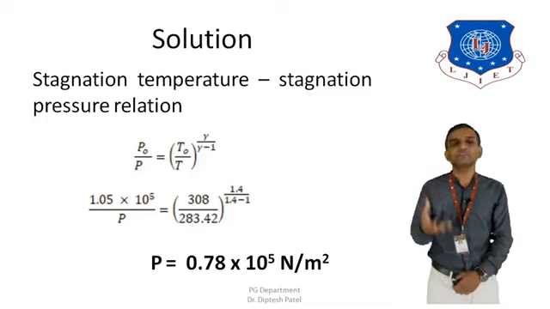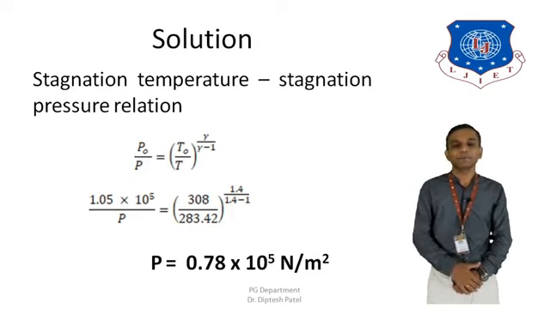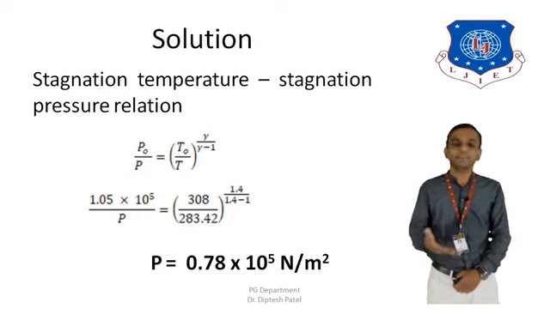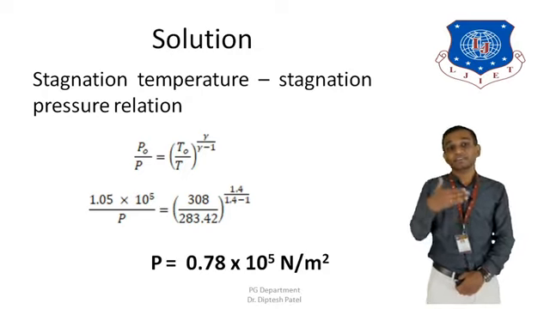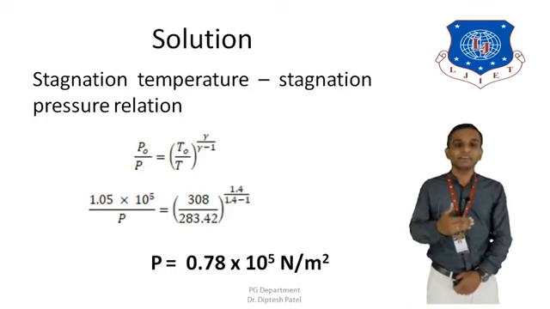We normally use that for many different numericals, say P1 upon P2 is equal to T1 upon T2 raised to gamma upon gamma minus 1. In a similar way, we use it for stagnation pressure and temperature.